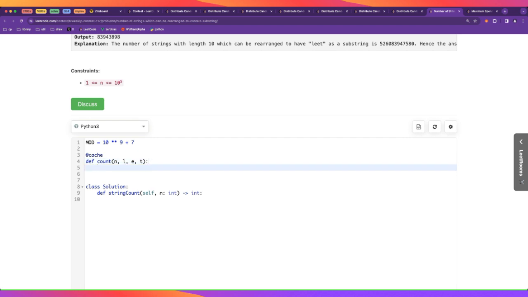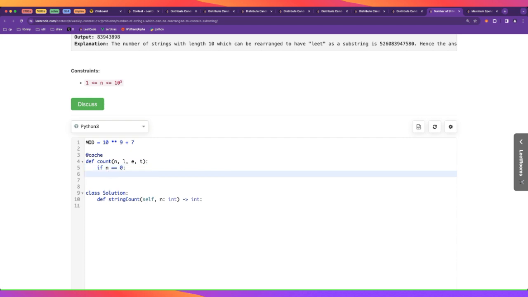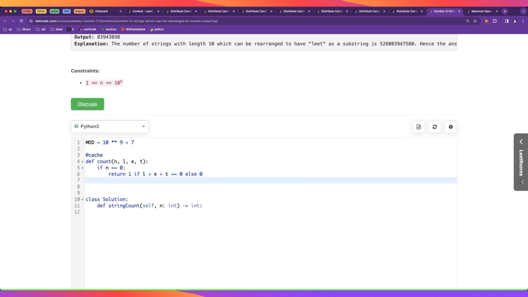So if we don't have to add any more letters, then we need to check if we don't have any remaining L's to add, or any remaining E's or any remaining T's. So we want all of them to be 0. If that's the case, then we found a string, otherwise we didn't.